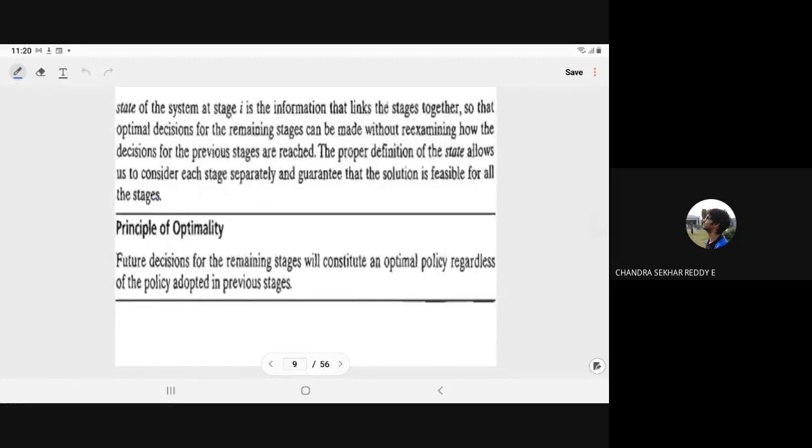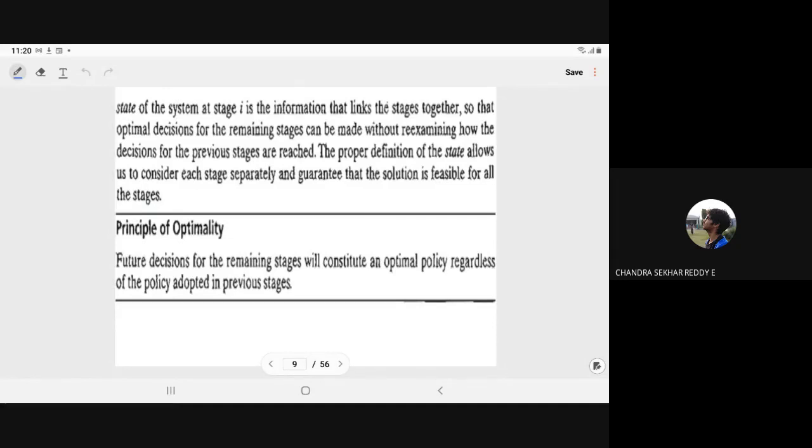The state of the system at stage i is the information that links the stages together. The state will contain the complete information about the stages, so that the optimal decision for the remaining stages can be made without re-examining how the decisions for the previous stages were reached.